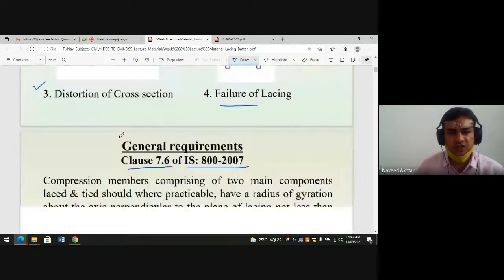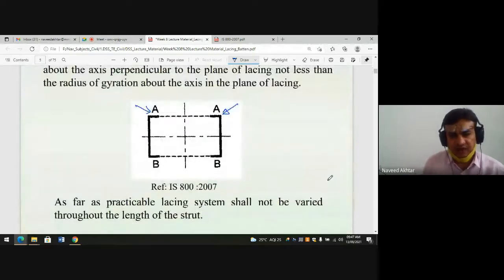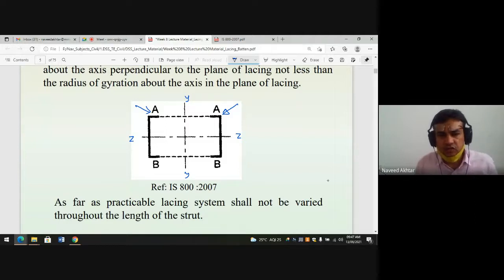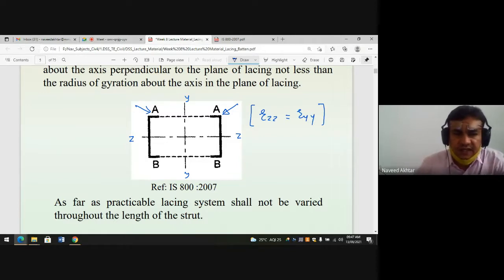That is our purpose. If this is the ZZ axis, major axis, and the YY axis, then rzz equal to ryy is the main purpose of going for the built-up section, lacing system, and battening system.